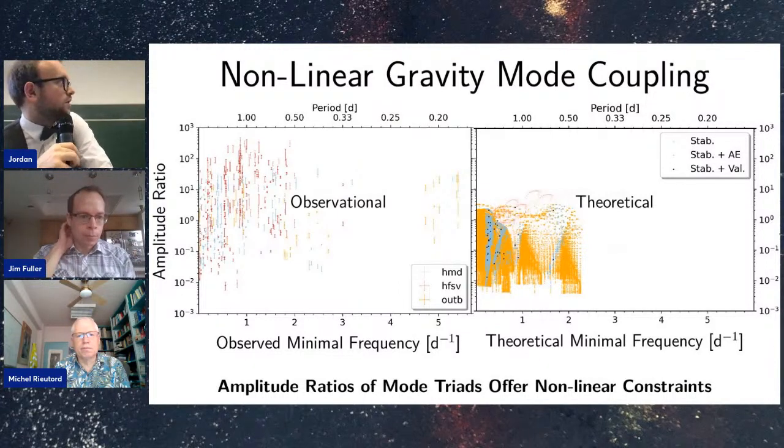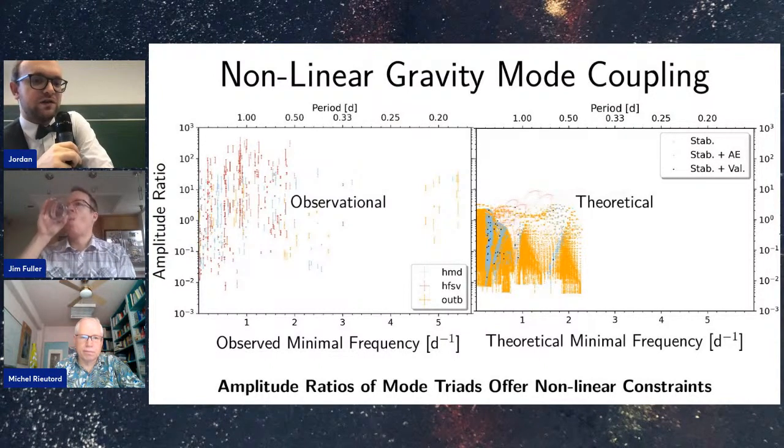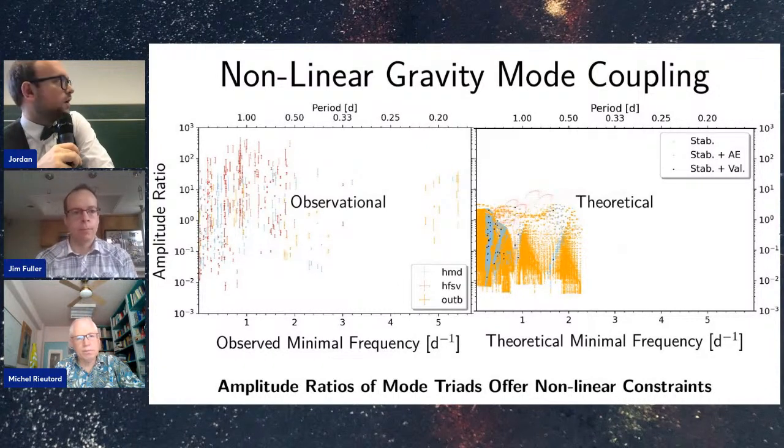So what has changed is the observational part, on the left-hand side, which was originally shown in this figure at the internal defense, and that has changed a little due to the fact that I'm using slightly different criteria to select these combinations of modes among the observed frequencies.